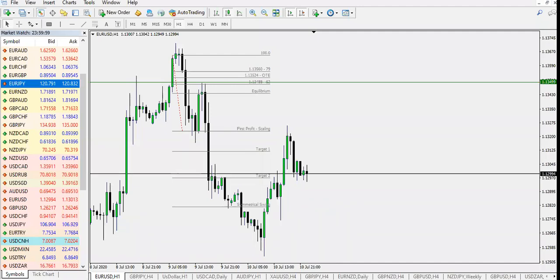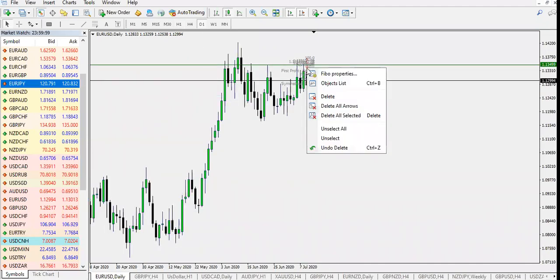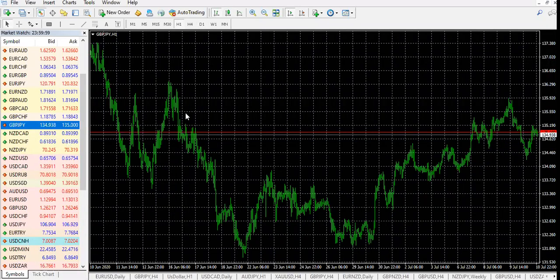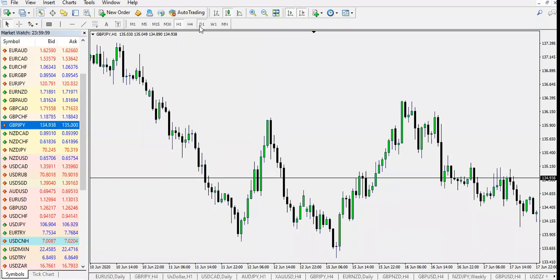All right, great answer. And then to add to it, I haven't watched your Fibonacci video. Why do you add it to the body of the candle instead of the wick? Okay, so if we look at a daily chart, let's look at a GBP pair here, and let's look at a high time frame.